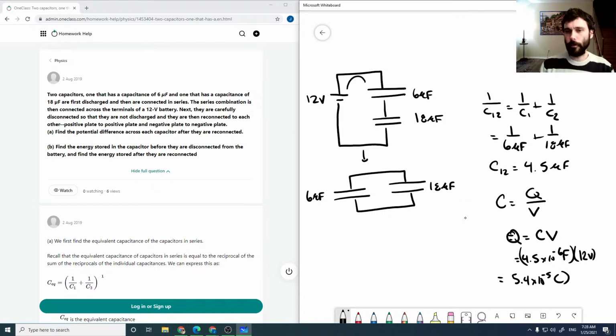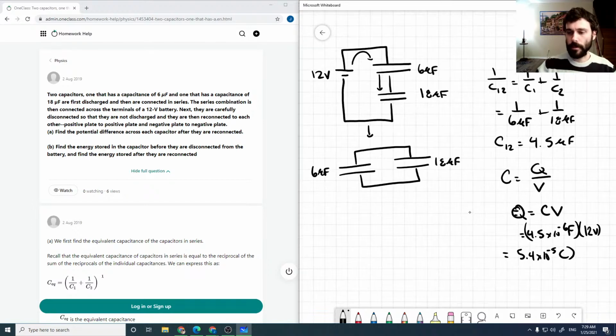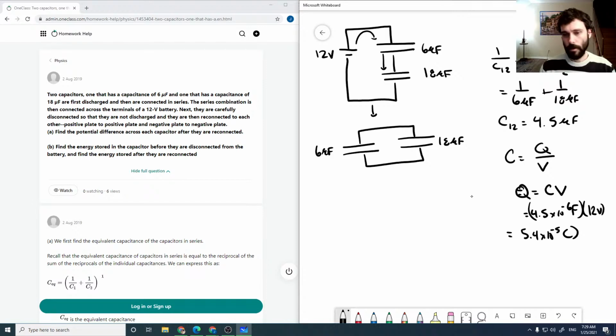Now they're disconnected. Again, each will carry 5.4 times 10 to the minus 5 coulombs. So our total charge is 5.4 times 10 to the minus 5 plus 5.4 times 10 to the minus 5, which is 10.8 times 10 to the minus 5 coulombs.